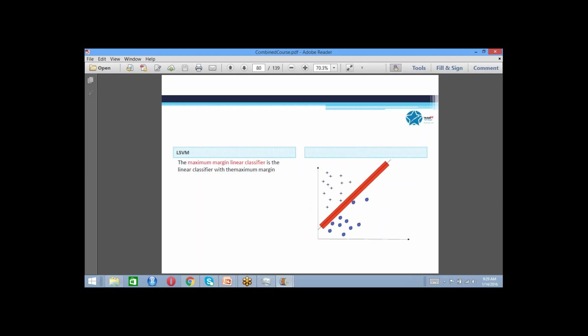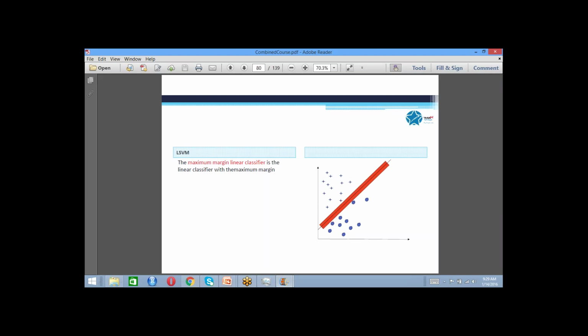You see this here, in this case we are finding that the maximum margin linear classifier is the linear classifier with the maximum margin. It means what is that band of classifiers which can separate neatly the samples, and this is where we call it the maximum margin linear classifier.